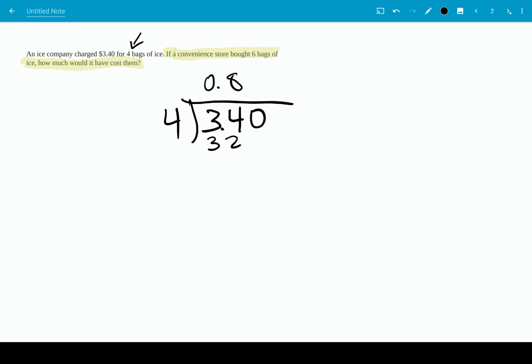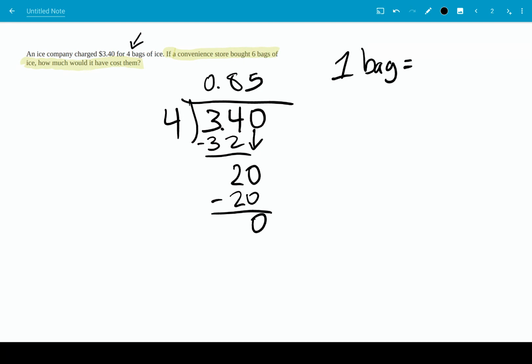That gives me 32. Therefore, subtract. That gives me 2. Bring down the 0. And 4 times something gives me 20. So there goes 5. 5 times 4 gives me 20. And there's 0. So therefore, by doing this, I know 1 bag is equal to 85 cents.